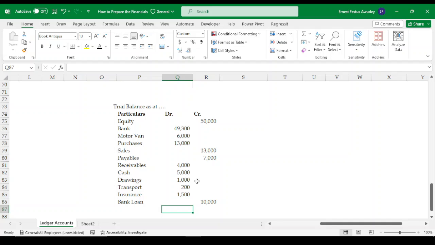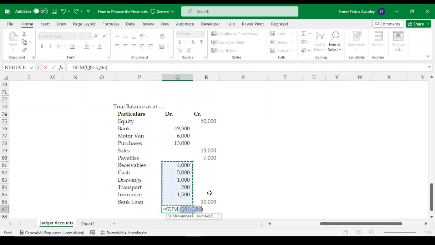So at the end of the day, the total for the debit should be equal to the total for the credit. So when we add everything under the debit column, it should be equal to the sum of the items or the entries in the credit column. So let's verify that. So hitting Alt equals, I've selected that, but I know that I want to select more than that.